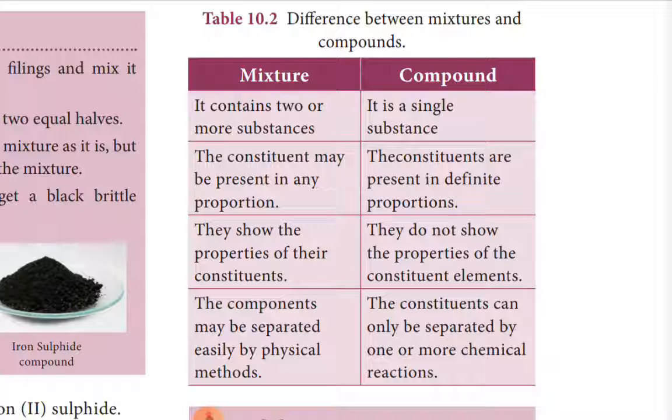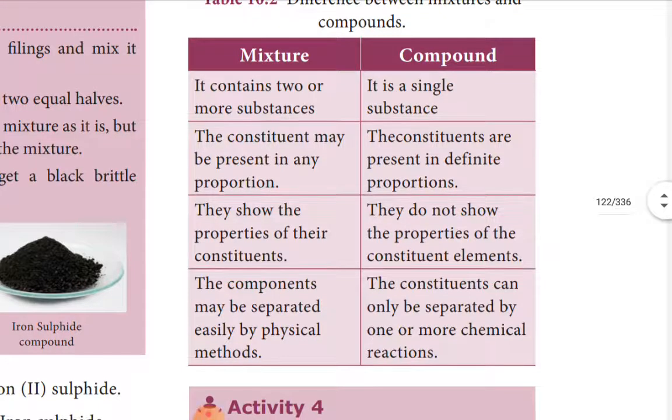In a mixture there is no definite proportion of the combination, but in a compound the elements are combined in a fixed ratio, some definite proportion by mass. A mixture shows the properties of the individual constituents, but in a compound the components will not show their individual properties. Entirely different properties are obtained.